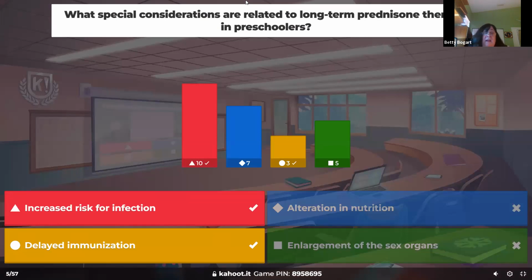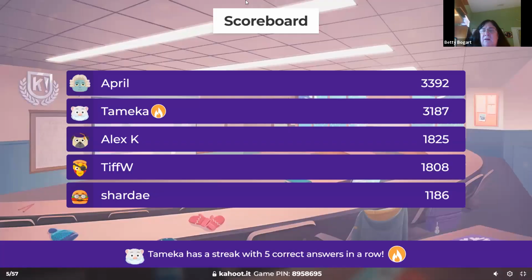But the big thing is an increased risk for infection. And remember, they're immunosuppressed on prednisone. They cannot get live vaccines. So that's going to cause a problem, okay? The alteration in nutrition, they're going to be hungry. That's what steroids do. So there's really not an alteration there. And this does not affect the sex organs and giving them any enlargement.